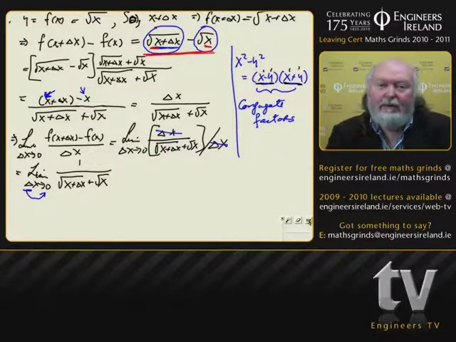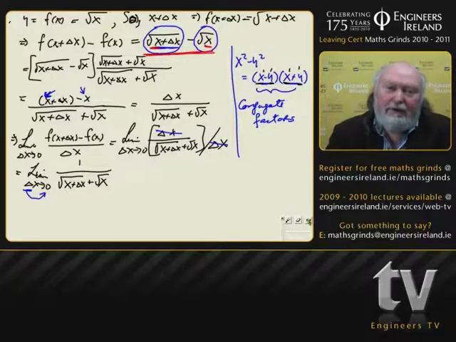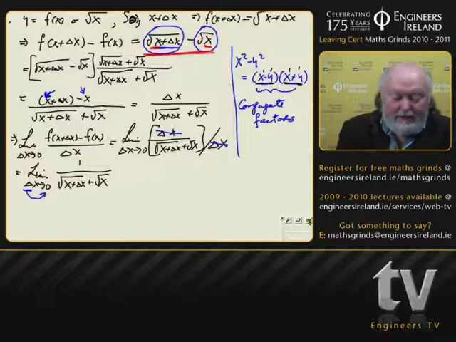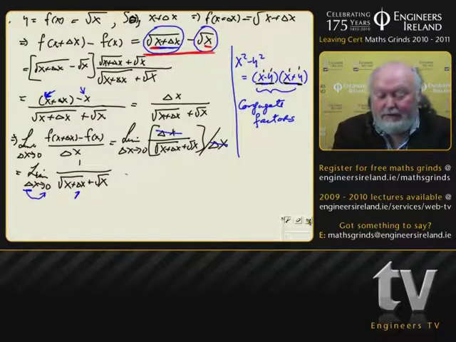Remember, to be kosher in mathematics here, delta x won't be 0. But it'll get so close it'll make no difference at all. We're saying as this goes to 0, then clearly that's going to 0. So we'll say that is equal to 1 over root x plus root x.